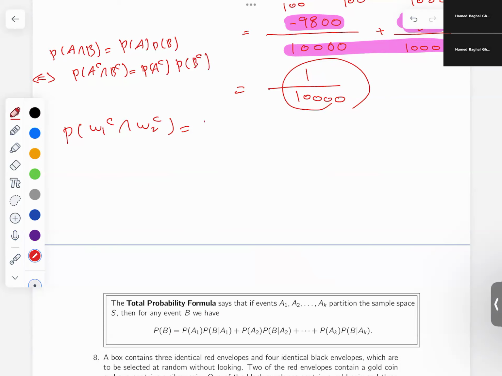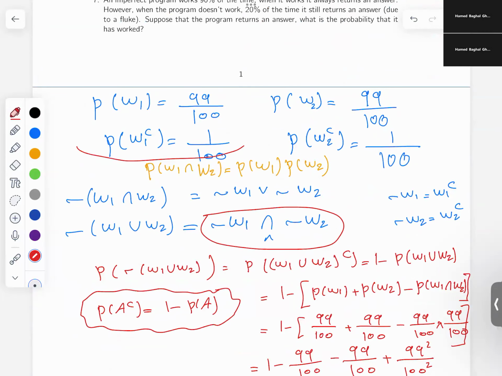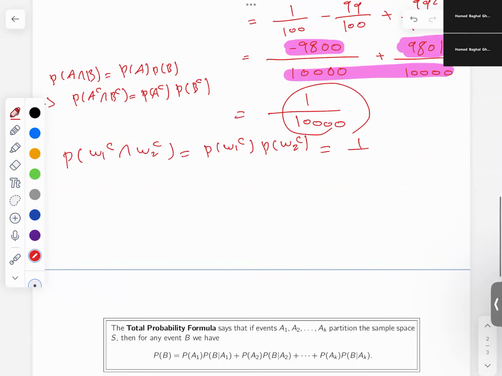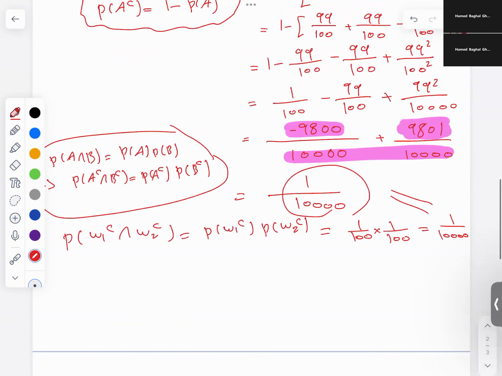So it will be probability of W1 complement times probability of W2 complement. Now look at here. W1 complement is 1 over 100 and W2 complement is 1 over 100. So together it will be 1 over 10,000. So it's the same as this. Yeah, did you understand? But you need to mention this theorem. It is possible to prove this.